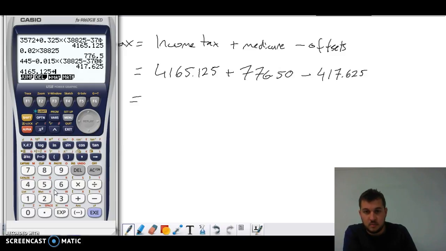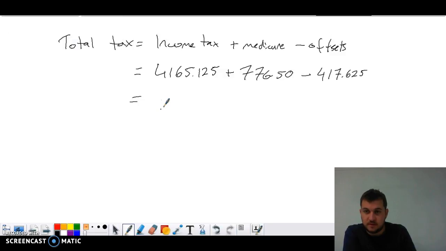Okay, let's go back to the calculator. 4165.125 plus Medicare, $776.50, take away $417.625. And we get $4,524.00.